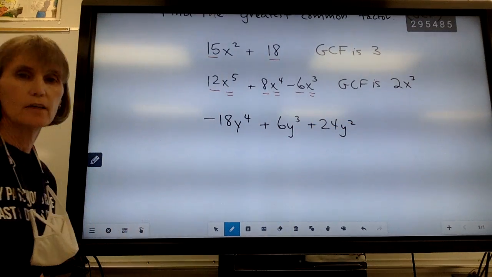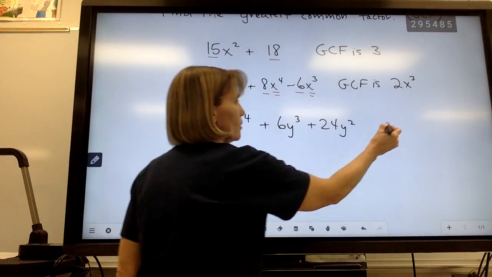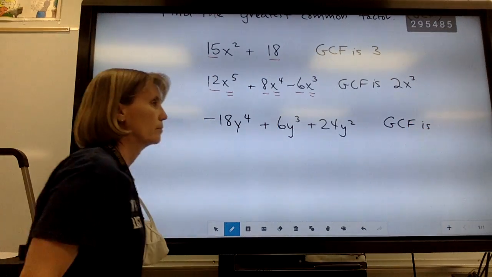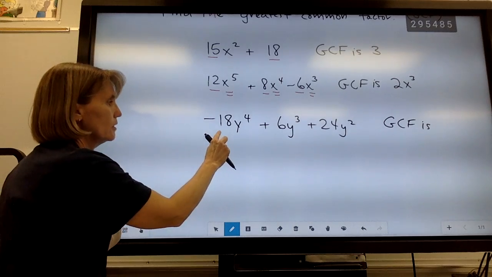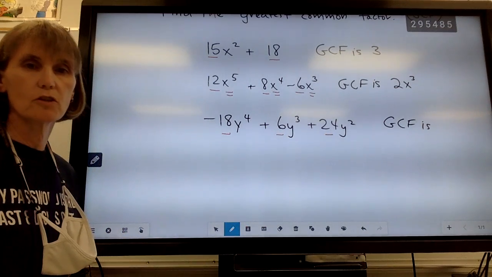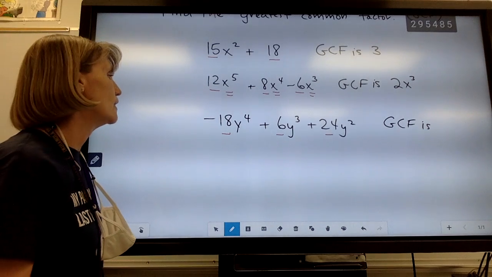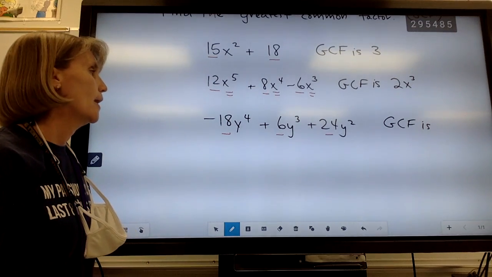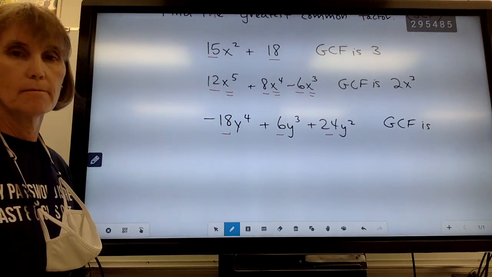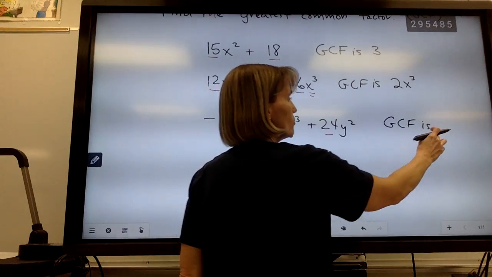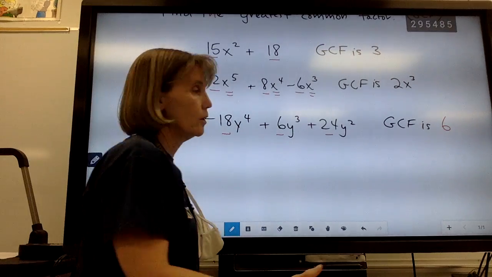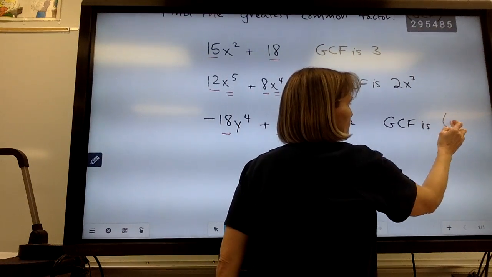I'm looking for the greatest common factor here. When you look at those coefficients, what's the largest value that divides into negative 18, positive 6, and positive 24? 6 actually goes into all of those. Now if you said negative 6, you could use that too, but I'm going to keep it positive here.